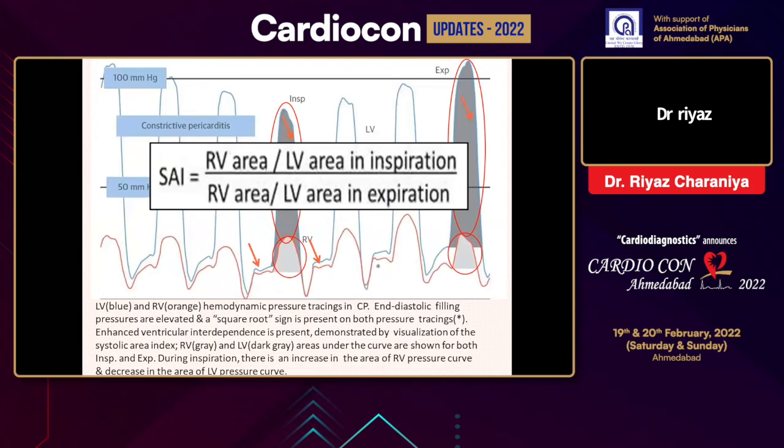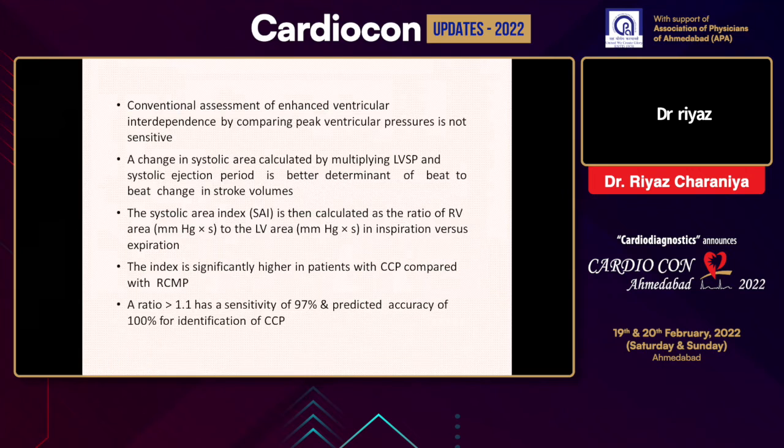So from here, there is a systolic area index, which is measured by calculating the area of RV over LV in inspiration, divided by RV area over LV area in expiration. So you expect this to be more than 1 at least, in constrictive pericarditis. More than 1.1, the index is significantly higher in constrictive pericarditis compared to restrictive cardiomyopathy.